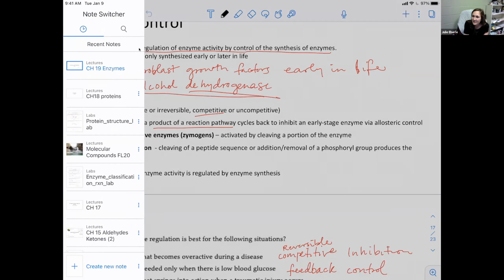So I already put an answer for A. Okay, what'd you put for A? Well, I put irreversible inhibition. And why did you put that? That's what I was wondering. I don't remember. So let's read A. It says penicillin is used to treat certain bacterial infections.